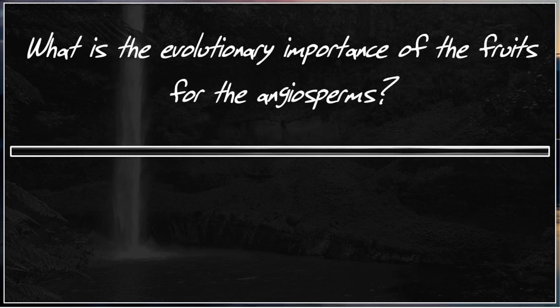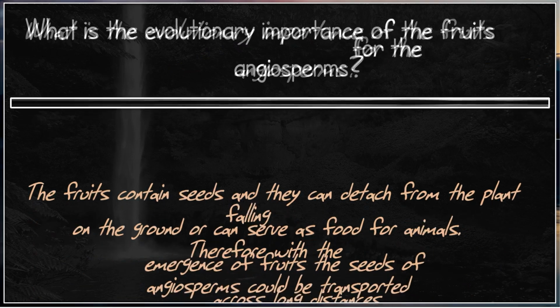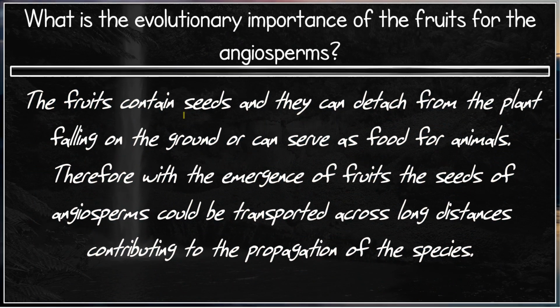What is the evolutionary importance of the fruits for the angiosperms? The fruits contain seeds, and they can detach from the plant, fall on the ground, and serve as food for animals.